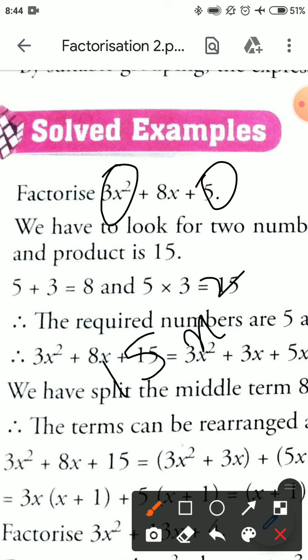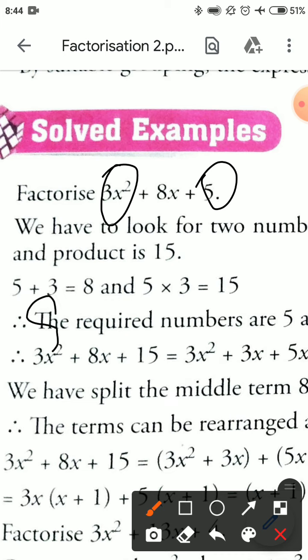Keep this thing one side. Now we have to break this 8x in such a way that when we multiply those two terms, the result we get will be equal to this 15x square, right? Let's see how it can be done.